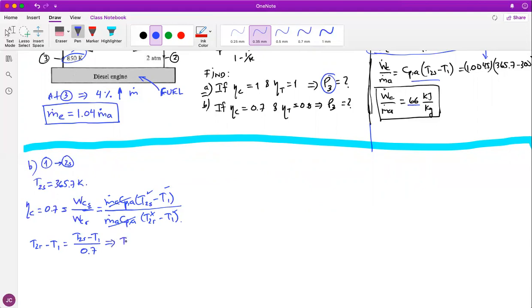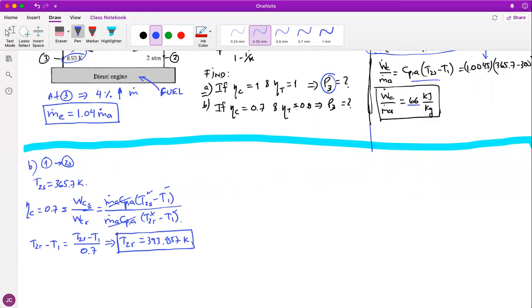So with that in mind, you can get T2R. And T2R, according to me, is 393.857 Kelvin, okay? So this is the actual temperature out of the compressor if it was 70% efficient. This is what I have at the outlet of the compressor, before going into the diesel engine.